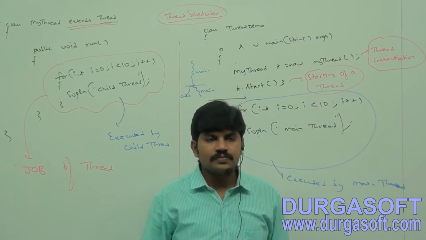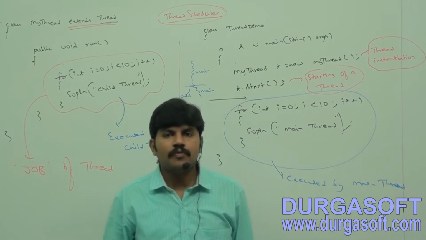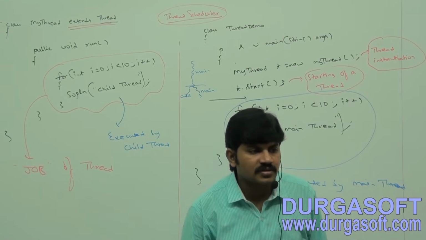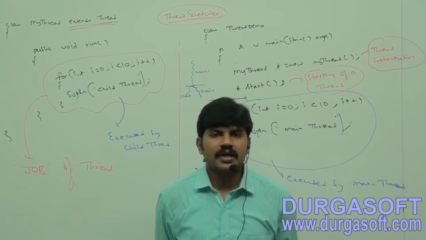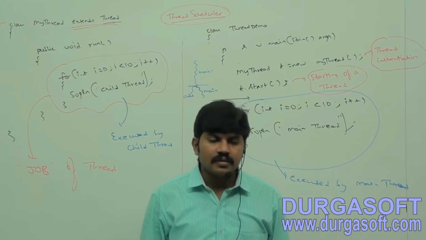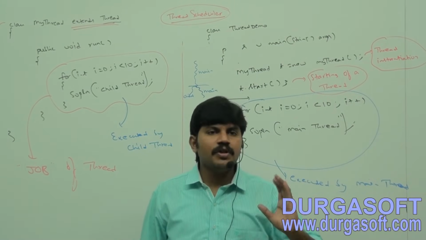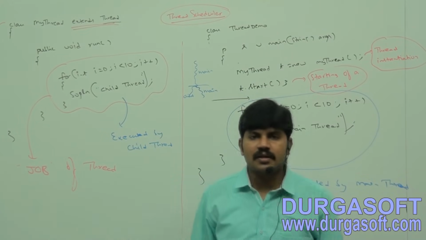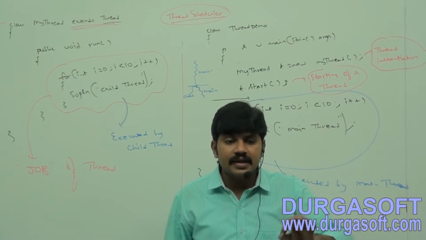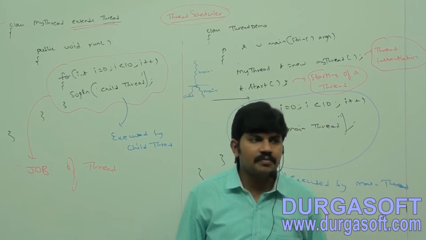That is, if multiple threads are waiting to get the chance of execution, then in which order the threads will be executed is decided by the thread scheduler.